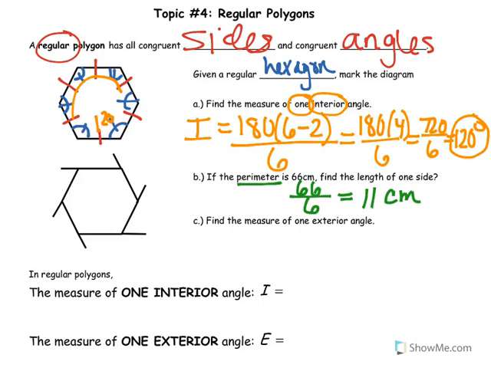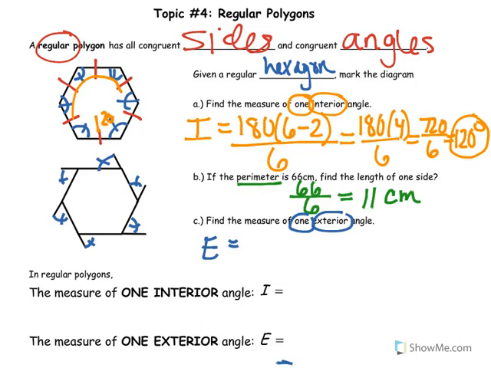All right, let's look at the last one. It says find the measure of one exterior angle. Now, one exterior angle, again, one and exterior is the important word to circle. That's going to be denoted by E, okay? Now, if all of the interior angles are congruent, that's going to mean that all of the exterior angles are also congruent to each other, okay?